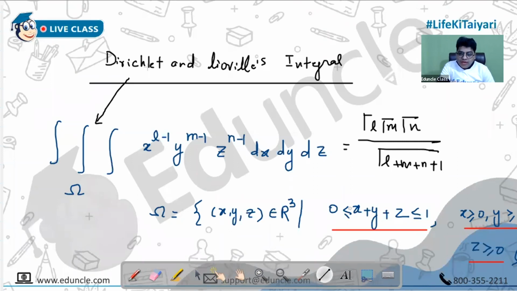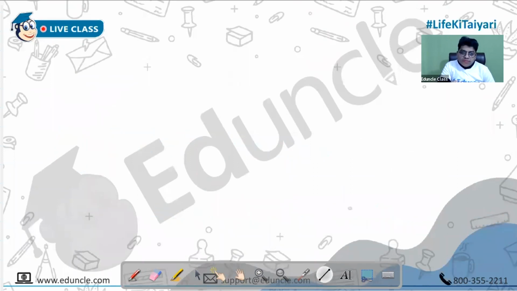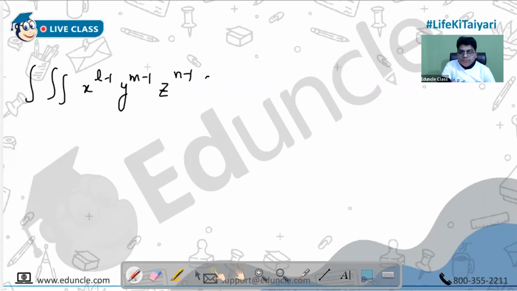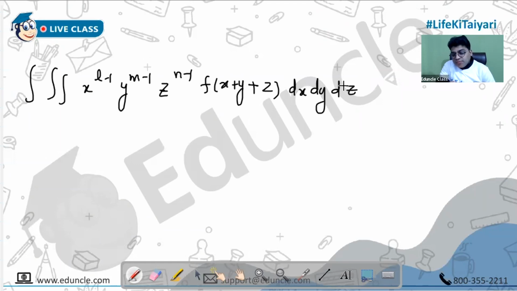And if you have a problem with an extra function, like x to the power l minus 1, y to the power m minus 1, z to the power n minus 1, and function f of x plus y plus z, not f of x y z, f of x plus y plus z, and the region is same. This is called Liouville's.